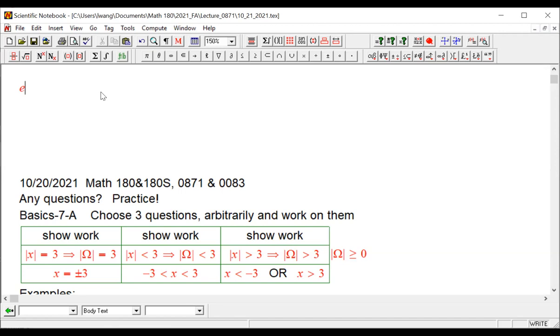In terms of actually solving absolute value equations and inequalities, that will not be covered. But the absolute value function will be covered. Okay, I'll put out an announcement for that. So how to solve those absolute value equations or inequalities will not be covered. But the absolute value function, as we covered in previous weeks, will be covered.